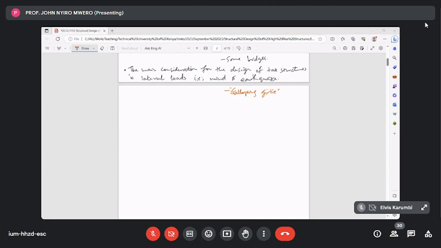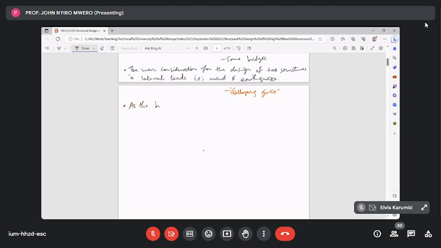So, on this thought of the lateral loads, as the building becomes taller, the lateral loads increasingly become more important than the gravity loads. Let me even write that down as a note for you.